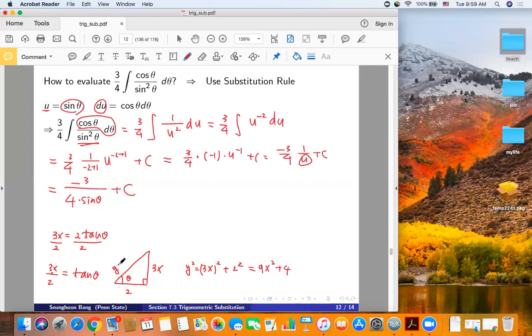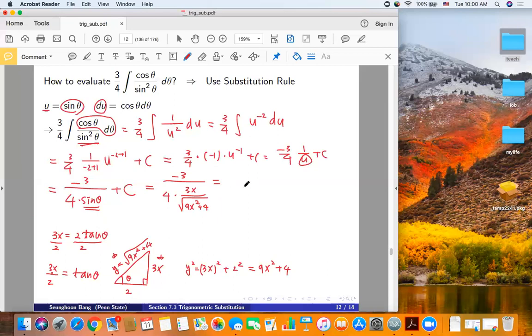Take the square root: the square root of 9x squared plus 4. So we have it. The same as negative 3 over 4 times sine theta, and sine theta is opposite over hypotenuse, so we have 3x over the square root of 9x squared plus 4.